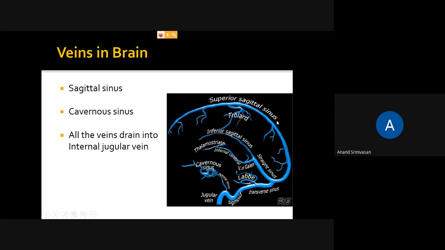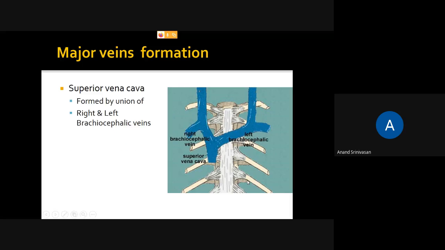These are veins which are present inside the brain, and all of them finally drain directly into the jugular vein.